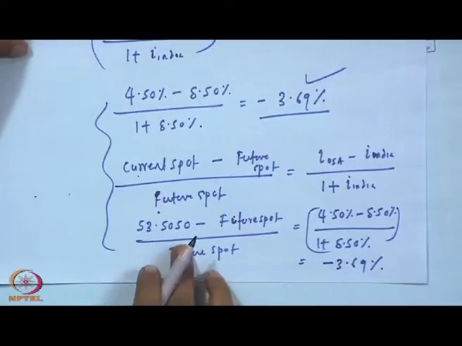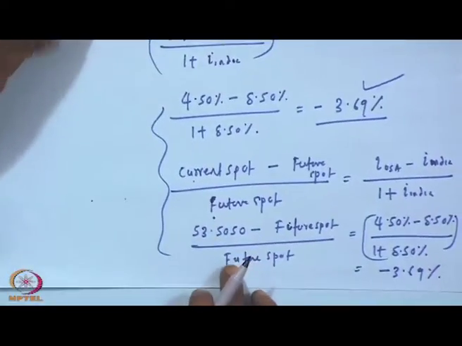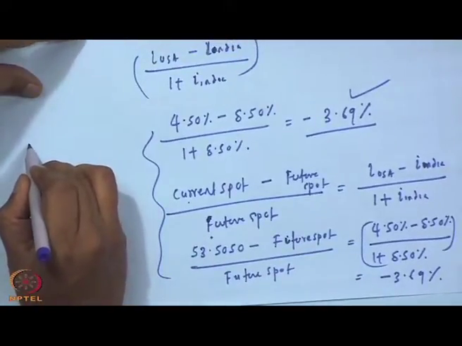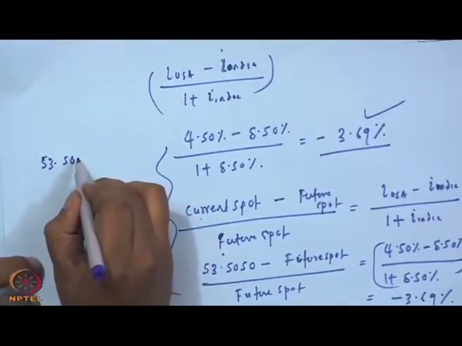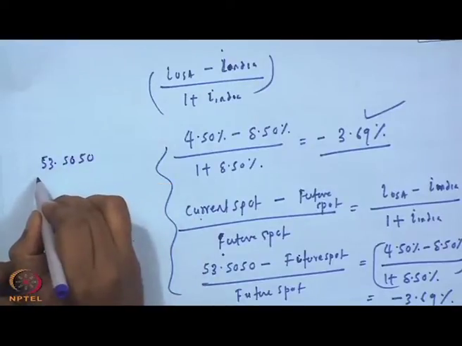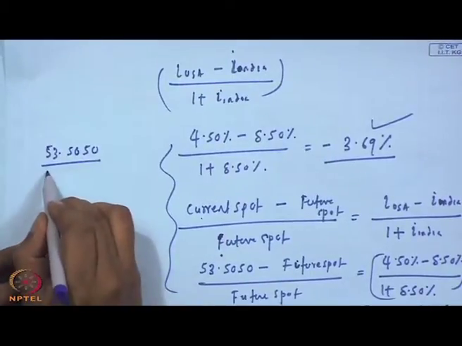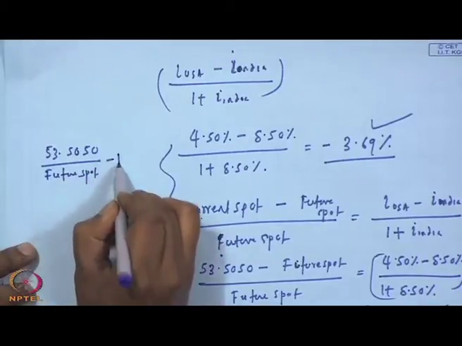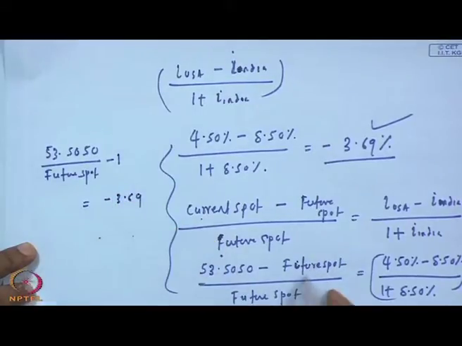So, our future spot: 53.5050 divided by future spot, minus 1, equal to minus 3.69. The future spot in the numerator and denominator will cancel, it will be 1, minus 1.